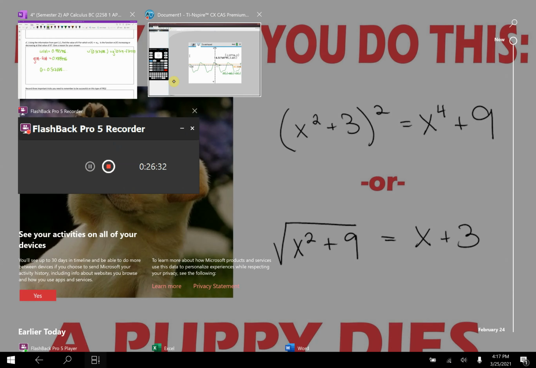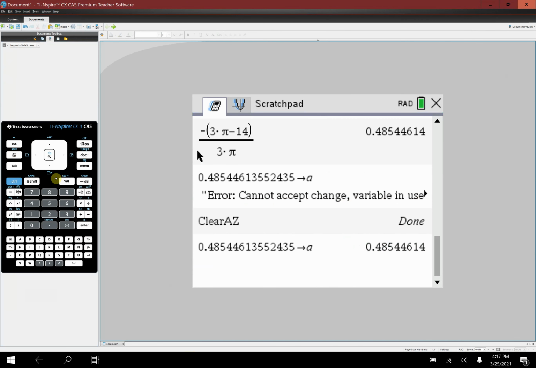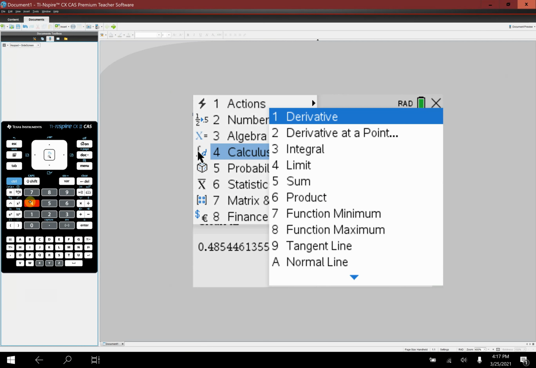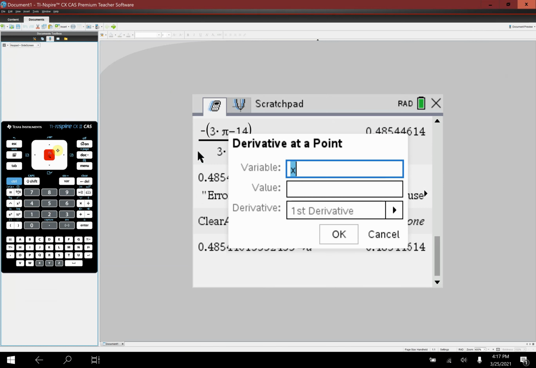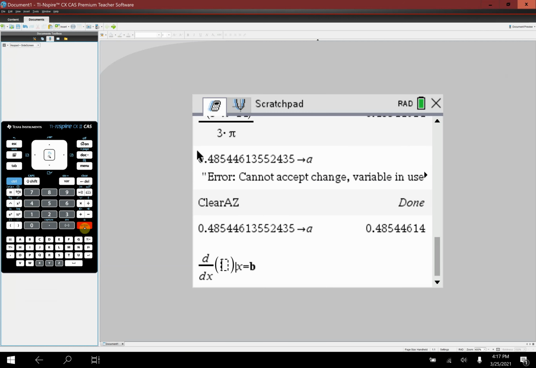Very calculator-heavy problem here, but we're just about done, so we might as well get through it. Menu, calculus, derivative at a point. I'm doing number 2. And we're going to find that value, which I called b. And we need to do g, which was f4 of x. There we go, I think that's right. Minus f3 of x.